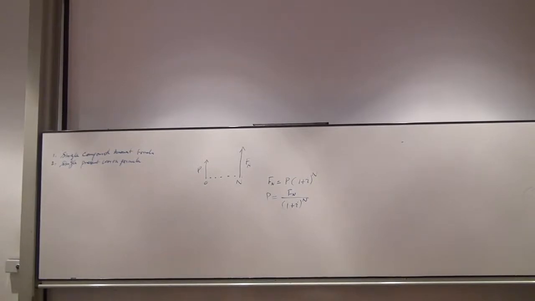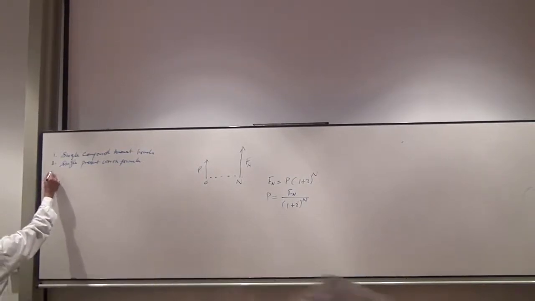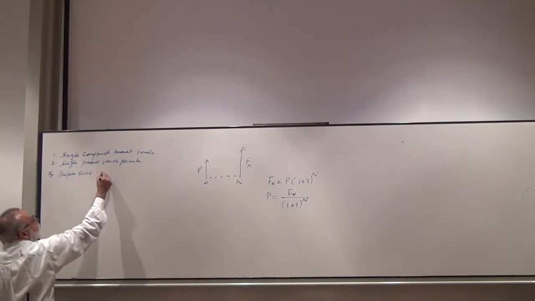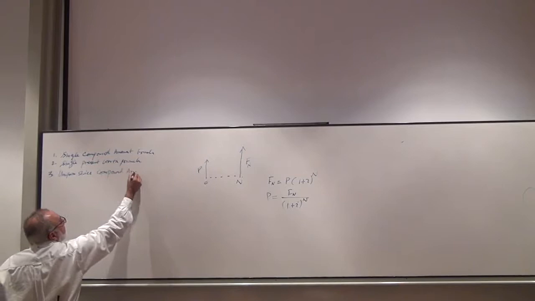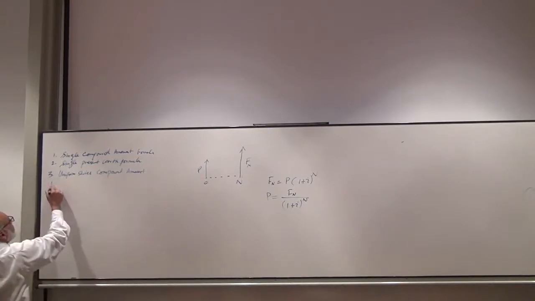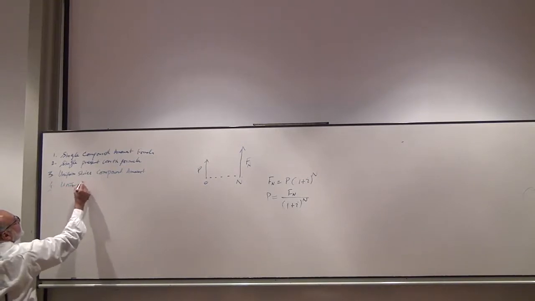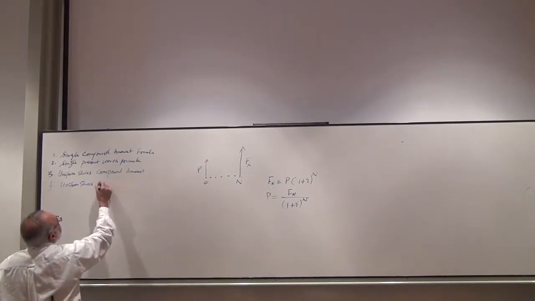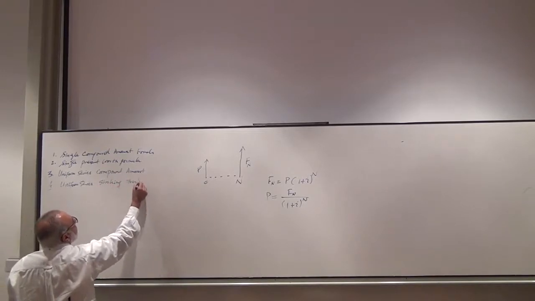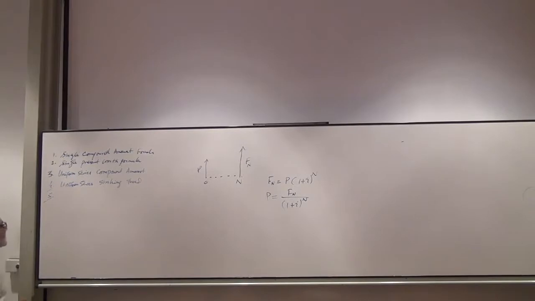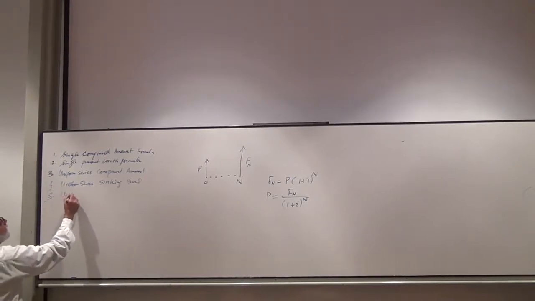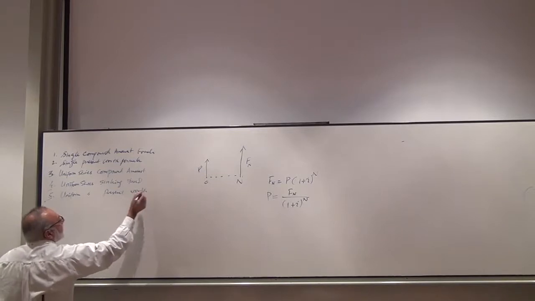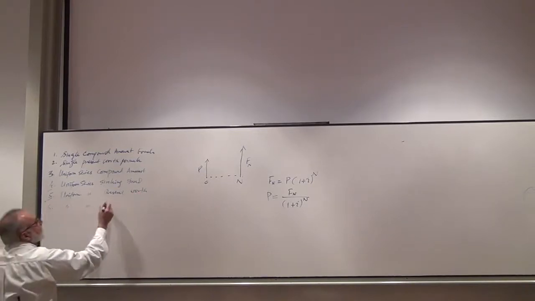Then there are 4 more formulas which are uniform series compound amount formula, then we have uniform series sinking fund formula, and then we have the uniform series present worth formula, and uniform series capital recovery formula.